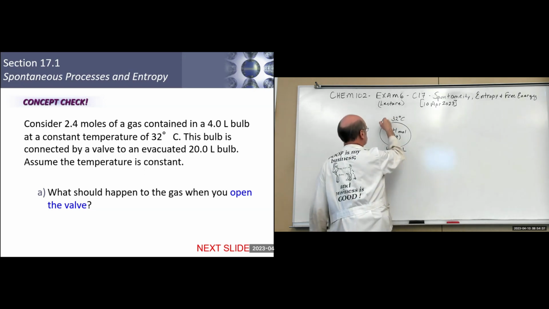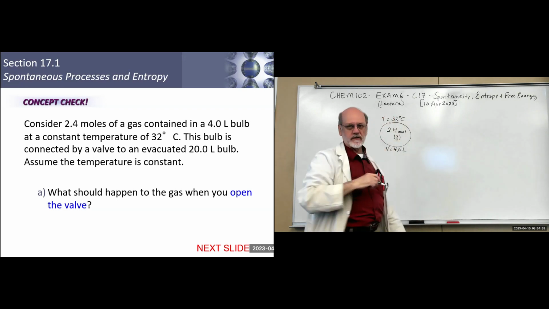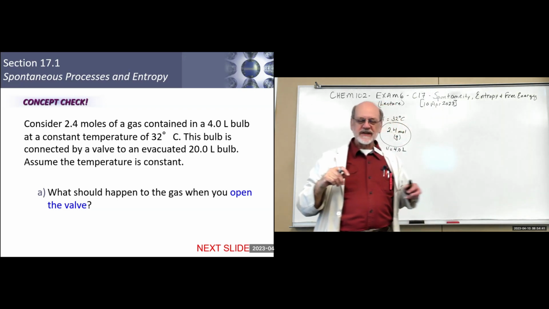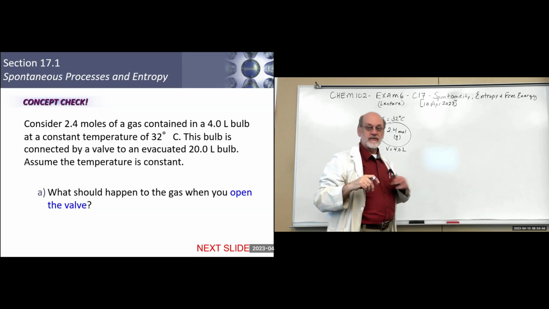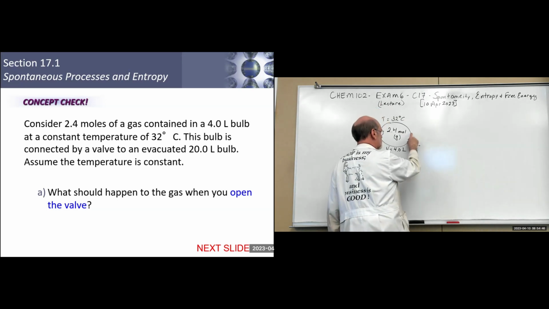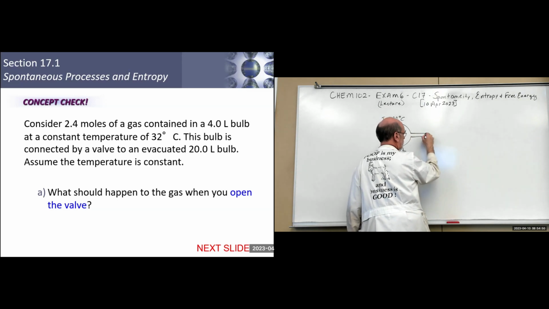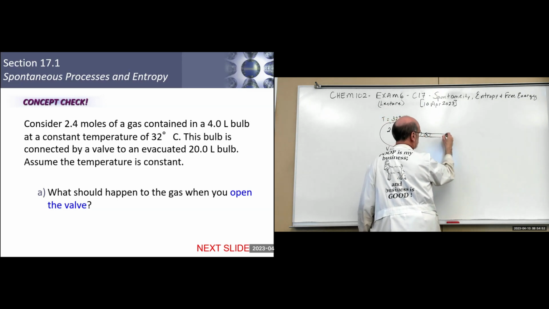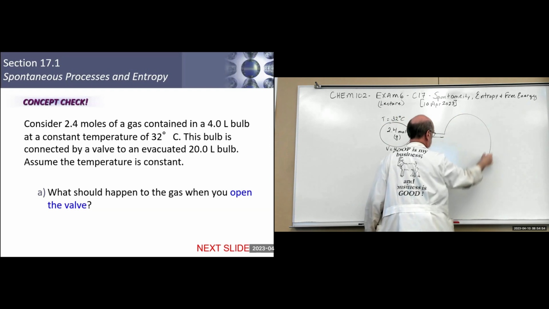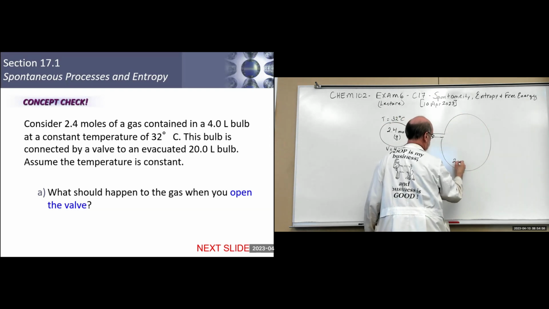Okay, let's be consistent. Temperature is 32 degrees. This bulb is connected by a valve to another bulb. Okay, so we need to make a connection here with a valve to another bulb. Well, this bulb is 20 liters.